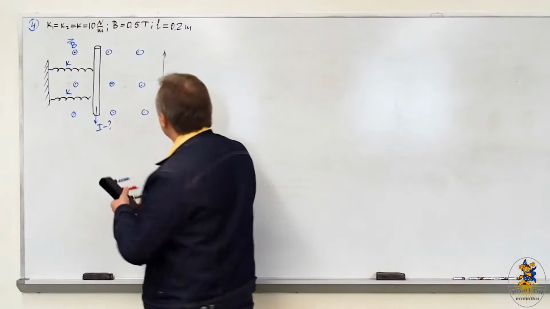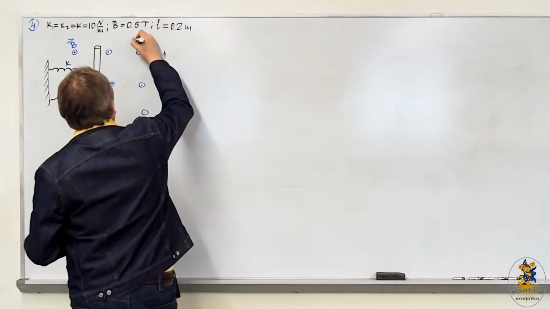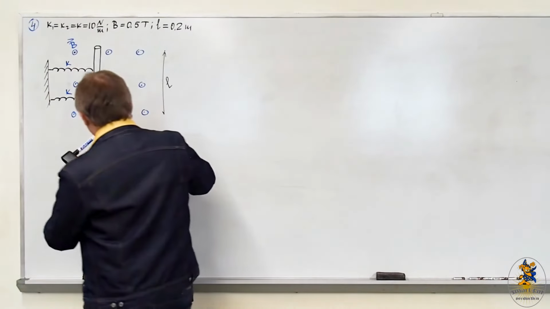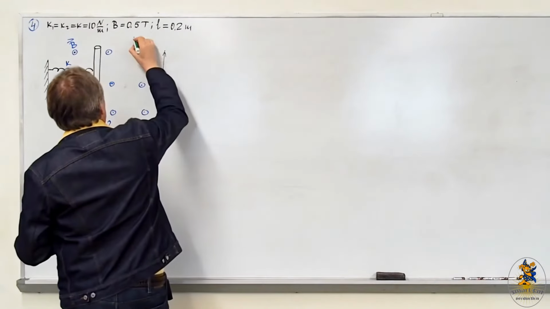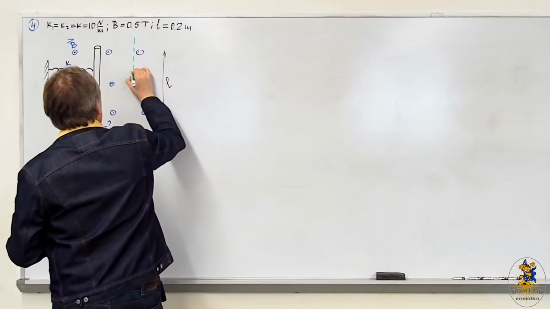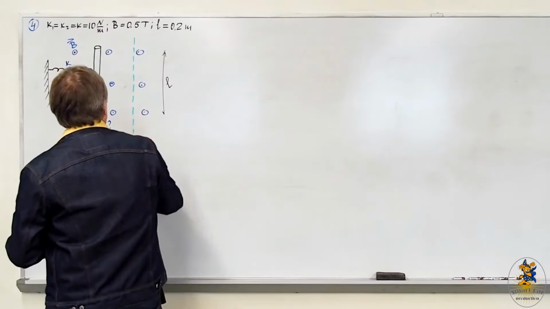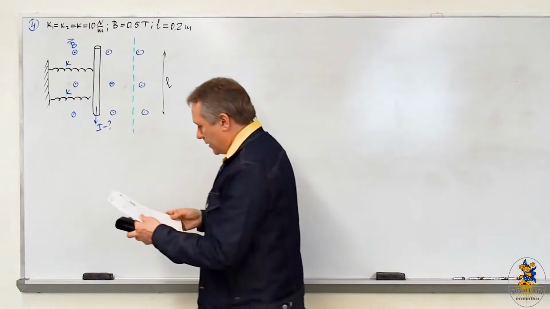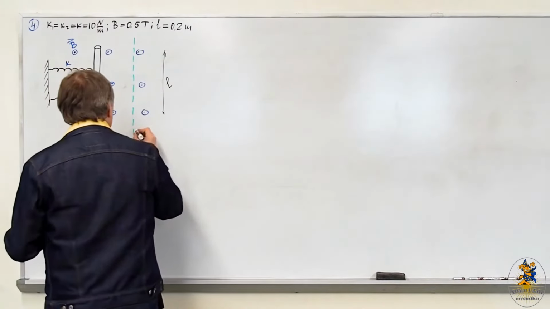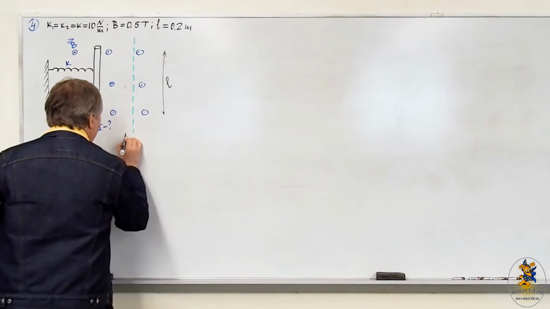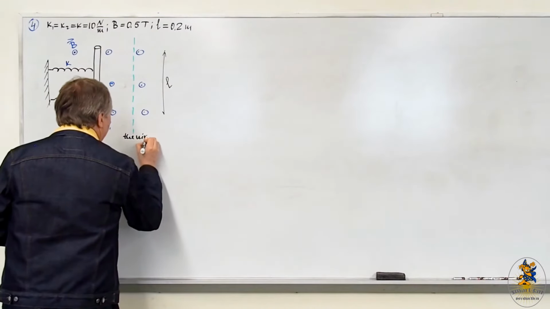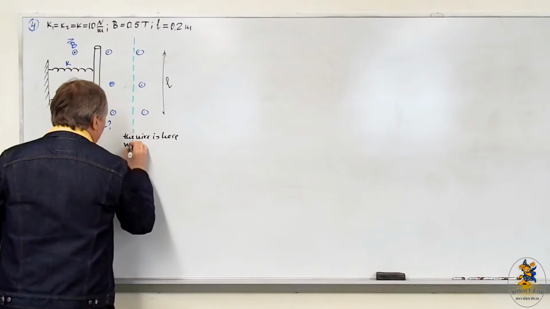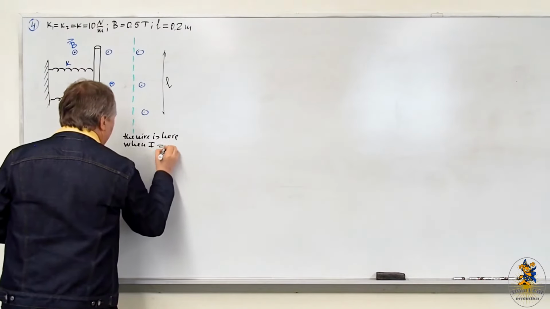Okay, let me show this. I'll just use a dash line. So the wire is here, or was here, when current was equal to 0.